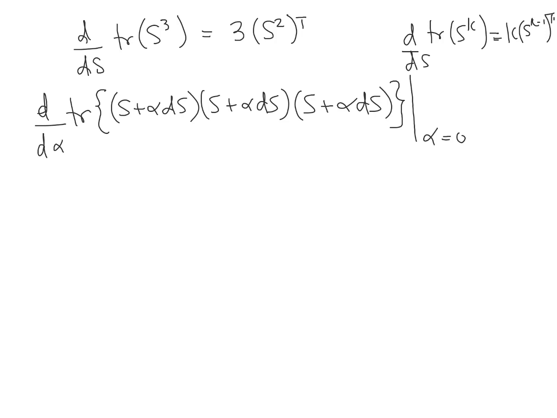We use the same thing we did the first time, using kind of the product rule. Differentiate the first one, keep the other two. Differentiate the middle one, keep the others, like that. So this will give us trace of, if I do the first, I will have DS, keep the other two.